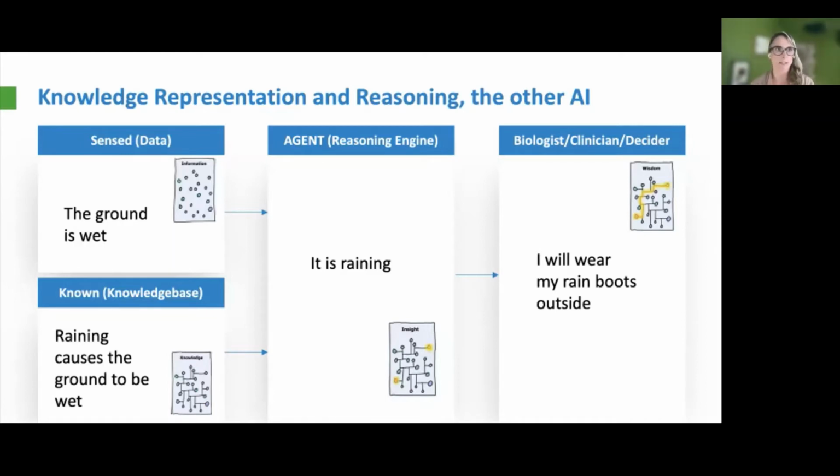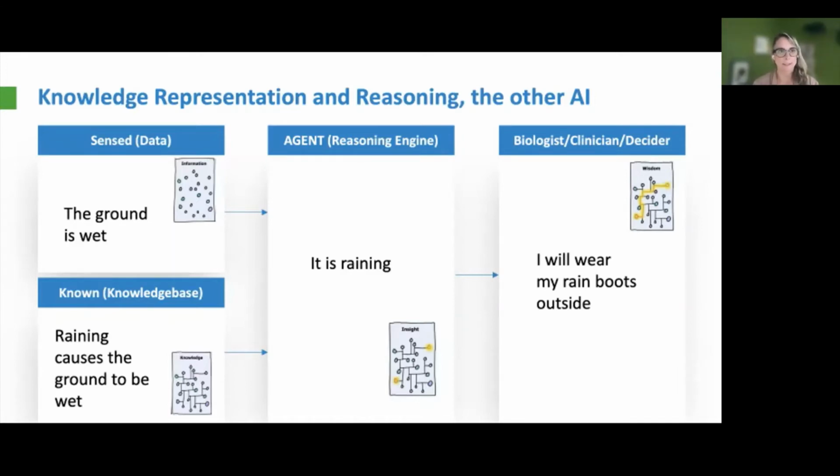I'm using Judea Pearl's raining example here, where in the middle there's an agent, and this is the reasoning engine. In this example, let's say the reasoning engine is me, and I need two ingredients in order to be able to reason. I need data, and I need a knowledge base.